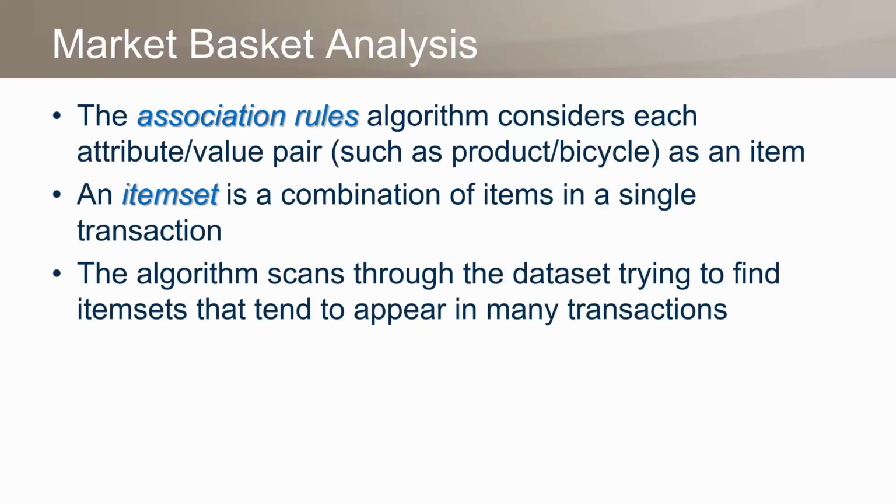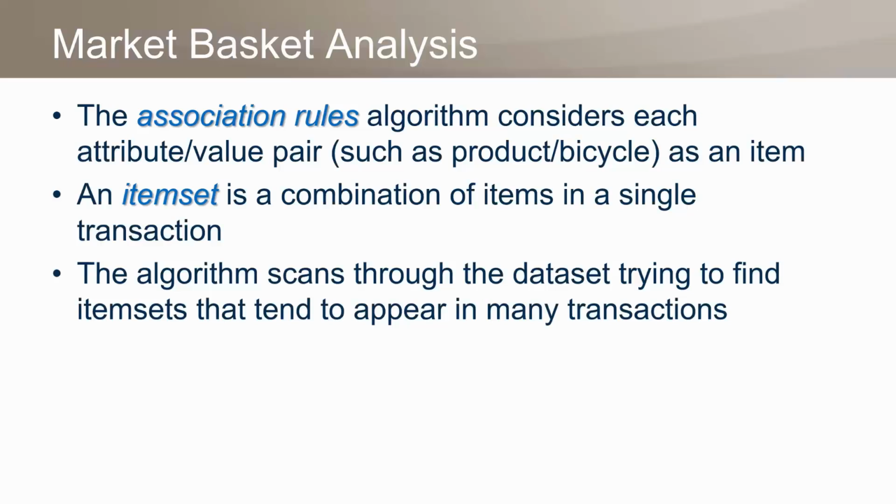So an item is an attribute-value pair, right? And an item set is a combination of one item, two items, three items, or even more. Typically, we are focusing on item sets of size 2.